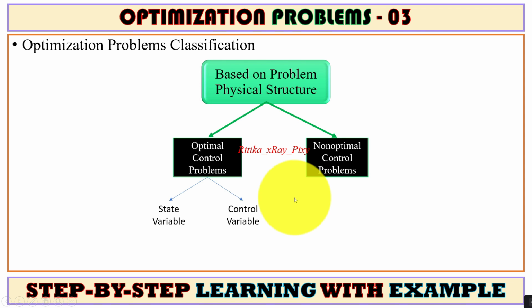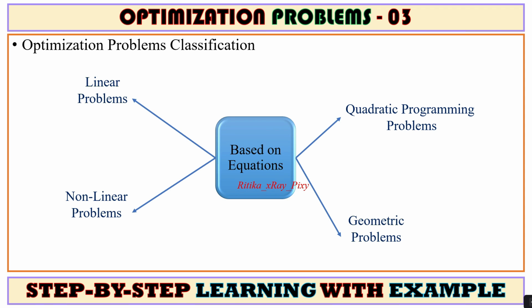Next classification is done based on equations used for objective function and constraints. Here we have different types of optimization problems like linear problems, non-linear problems, geometric problems, and quadratic programming problem. In linear problems, we have both objective function and constraints linear.